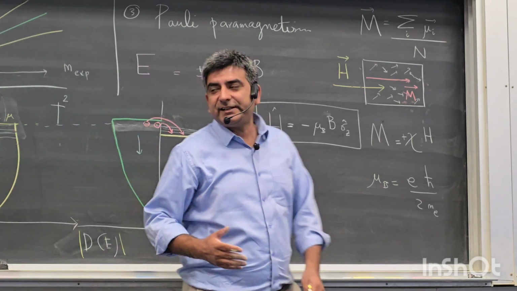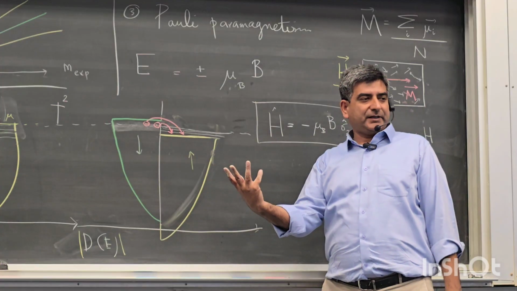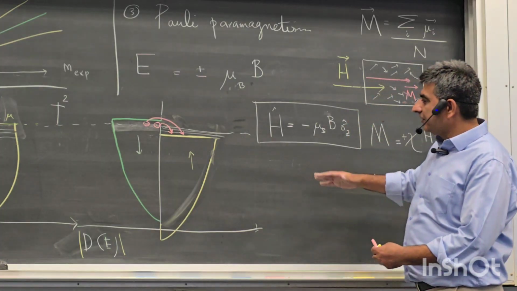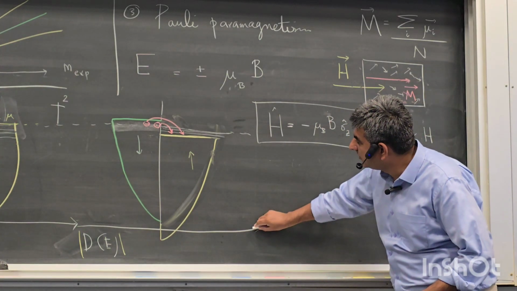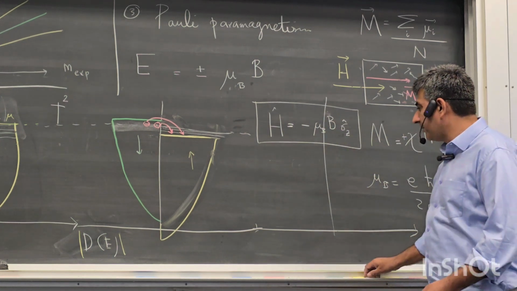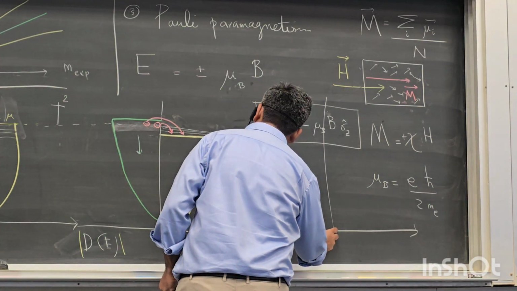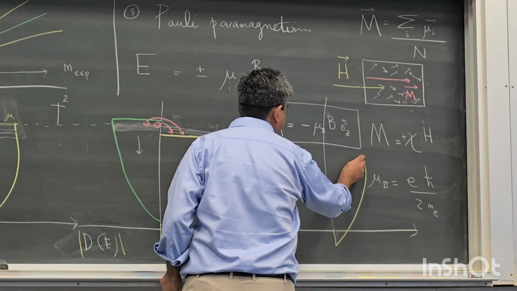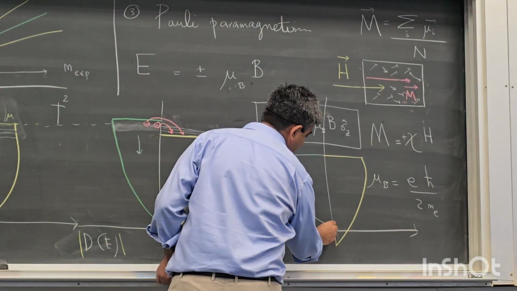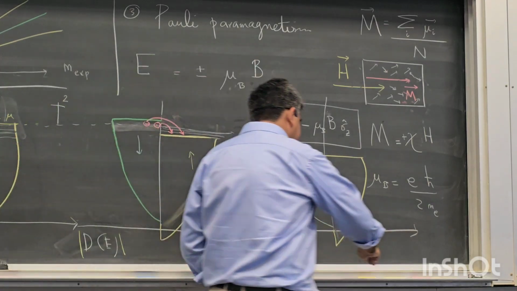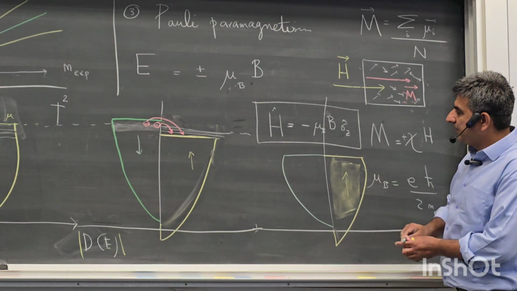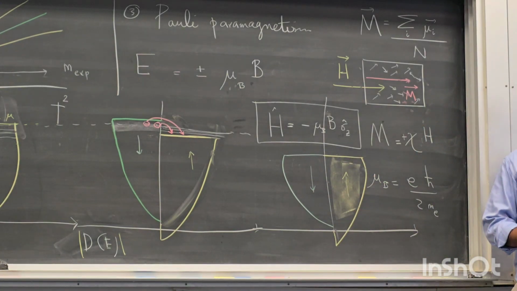So electrons will leave this spin down band, will flip their spins, will leave a hole over here in this band, and after this instantaneous rearrangement of energy levels, what's going to happen is that the area under this region, which gives you the total number of spin up electrons, will be higher than the area under this region, which gives you the total number of spin down electrons.